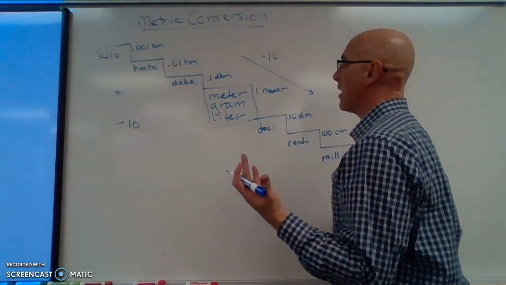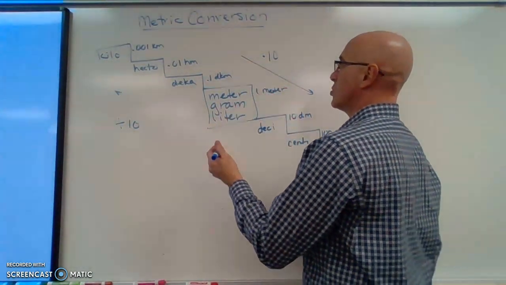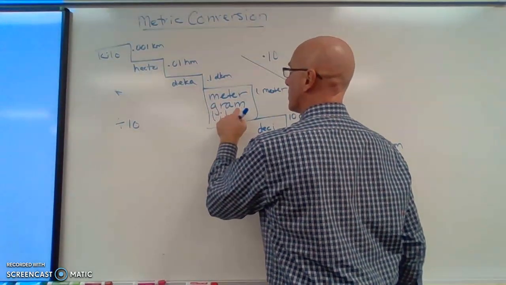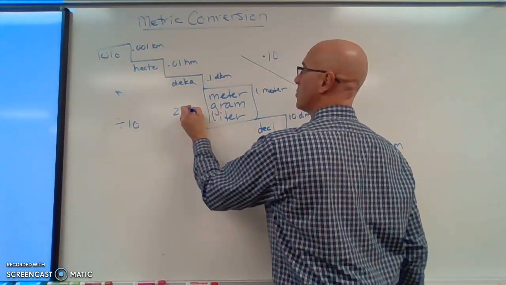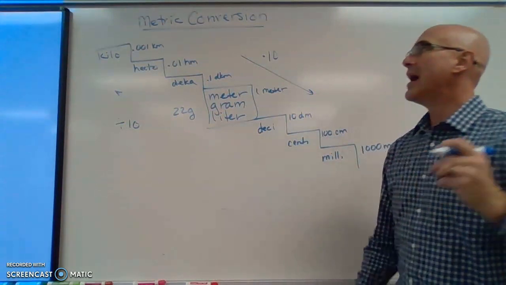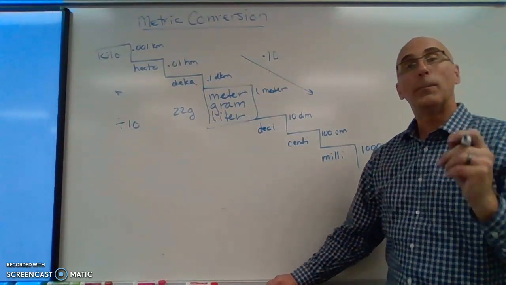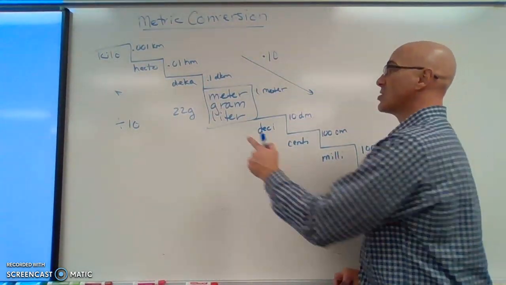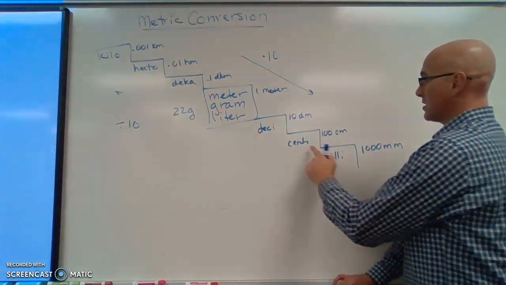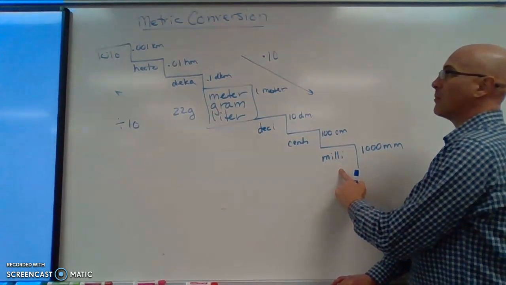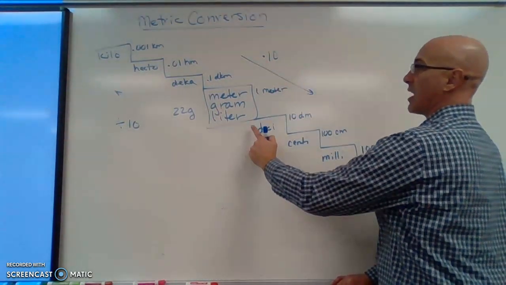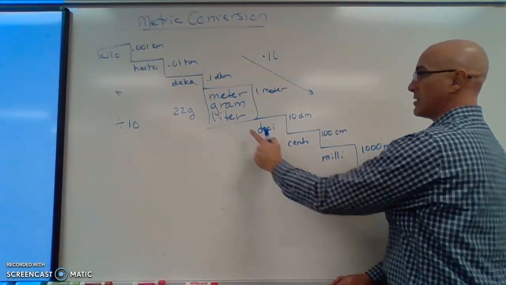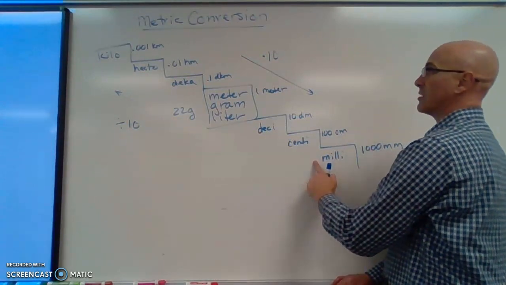Say I have 22 grams. How many milligrams is that? So what I am doing is I am moving this way. I am multiplying by 10 for each step: 10, 100, 1,000.